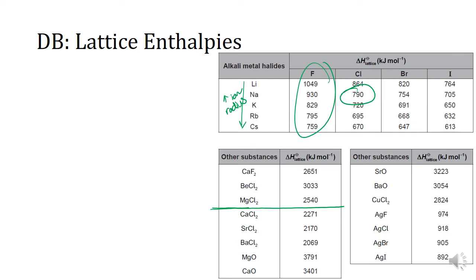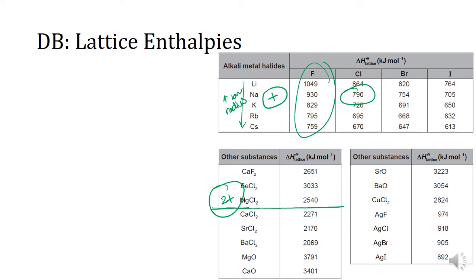It's not exact, but one of them is the 2+ ion versus the 1+ ion. Those lattice enthalpies are remarkably different. So if you forget those general trends, you do have the data to back it up.